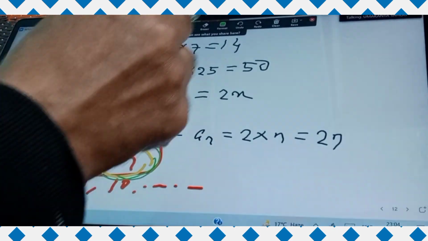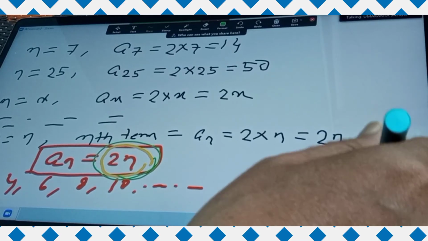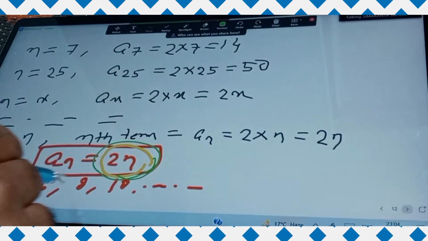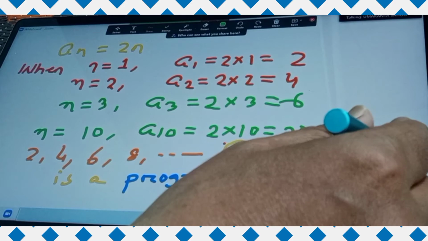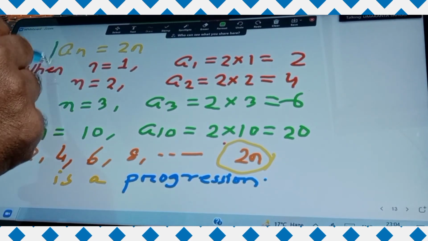So 2, 4, 6, 8, 10 is a progression, and a_n = 2n is the general formula of the sequence.